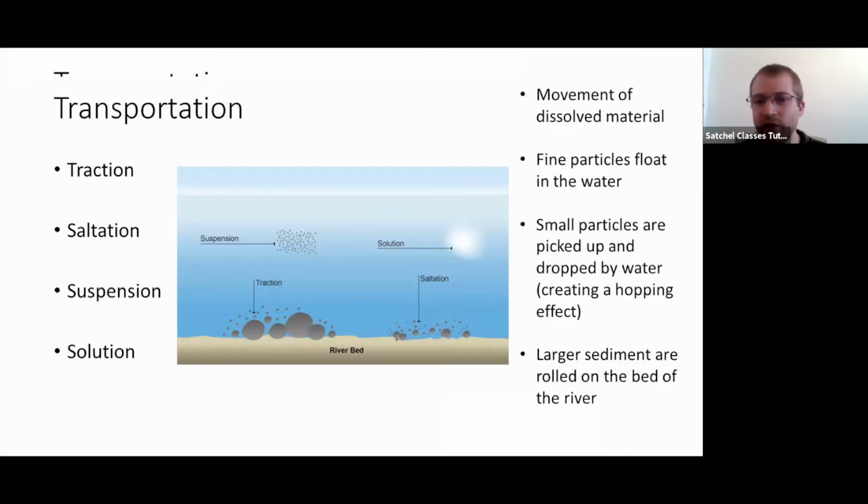And then we have larger sediment that is rolled on the bed of the river. So they basically roll along. They never really leave the bottom of the riverbed. So you can have a little think about which key terms match which definition, and we'll pair those up. Use the diagram to help you. We'll start from the bottom.